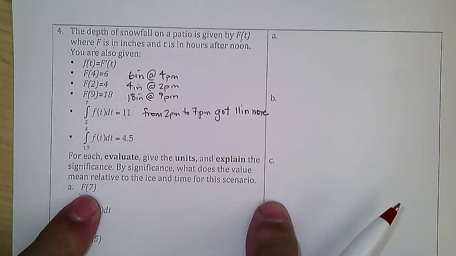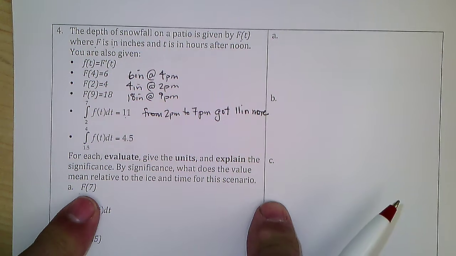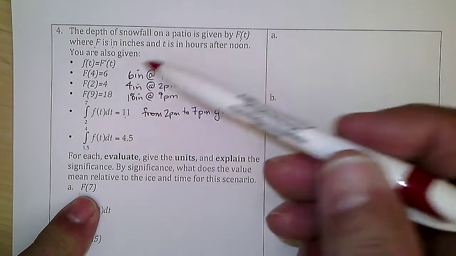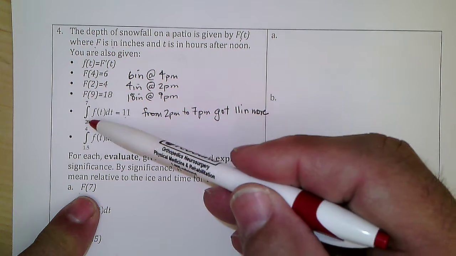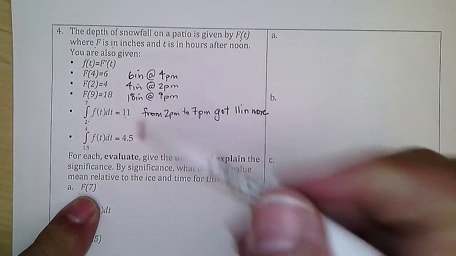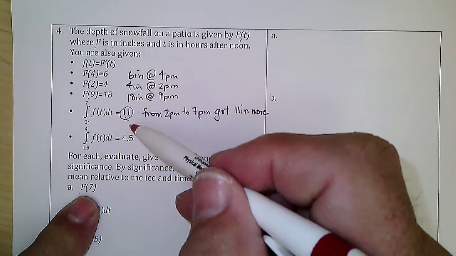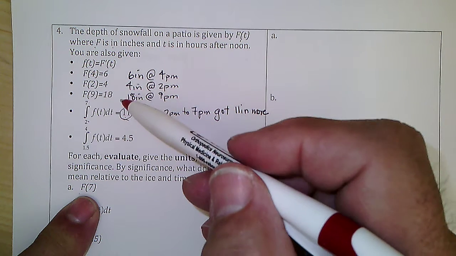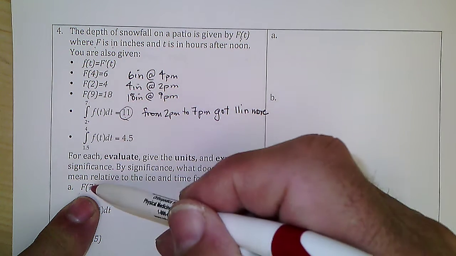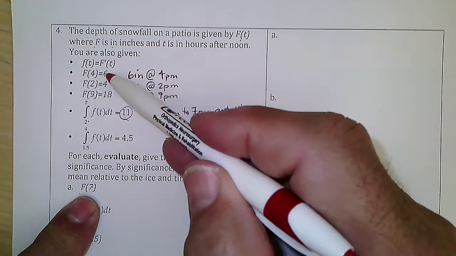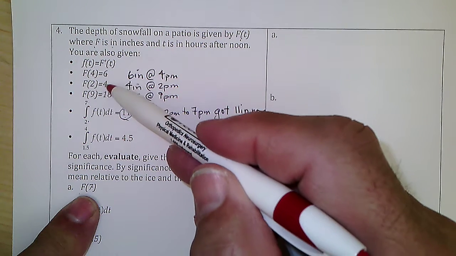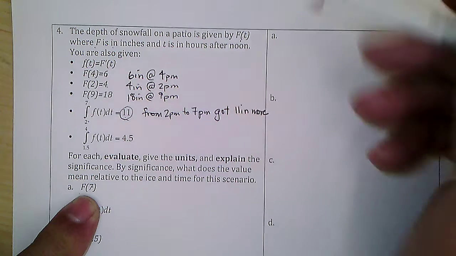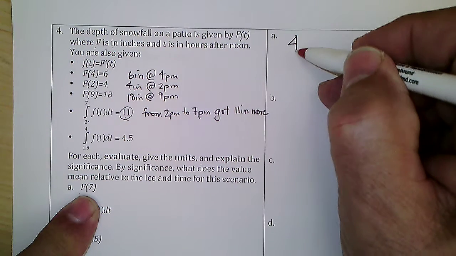So how much was there at 7 p.m.? Well, from 2 to 7, there was 11 inches. But we went from 4 to 7. Oh, no, we went 7 exactly. And we do know that there was 4 inches at 2. So there's 4 inches already.